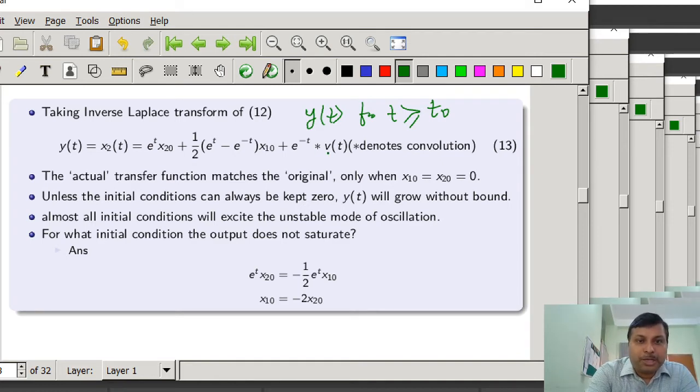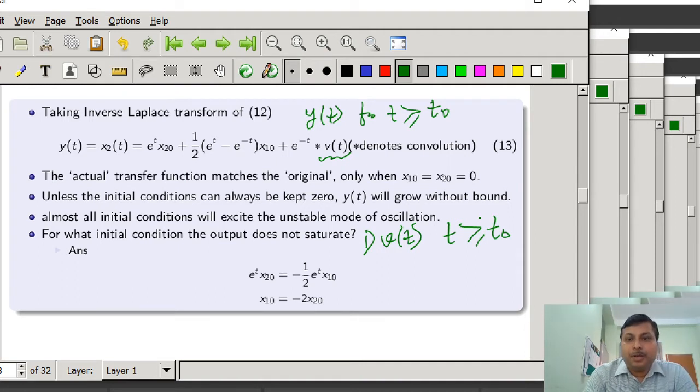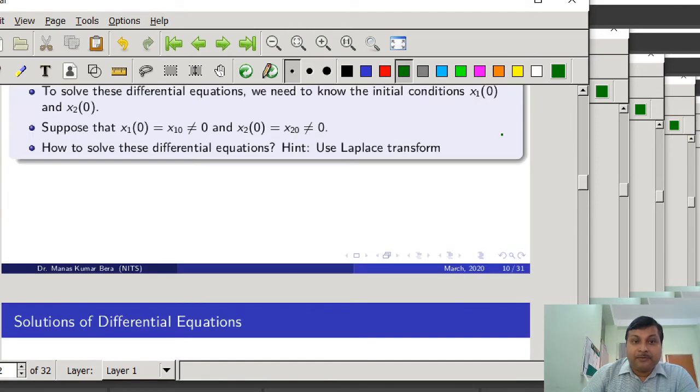First, we have to know v(t), the input to the system for t greater than or equal to t0. But this input is not sufficient to describe the system output for t greater than or equal to t0. Along with that, two important quantities we have to know: x1(0) and x2(0). These are the initial conditions of the system state variables.